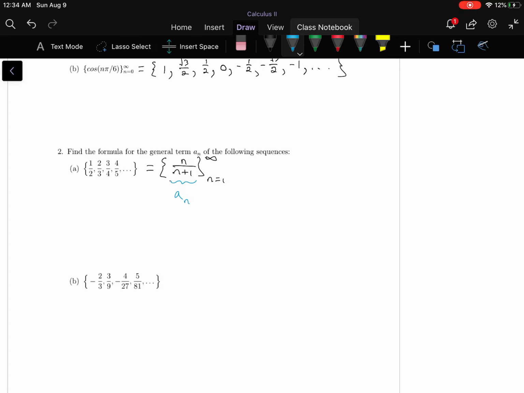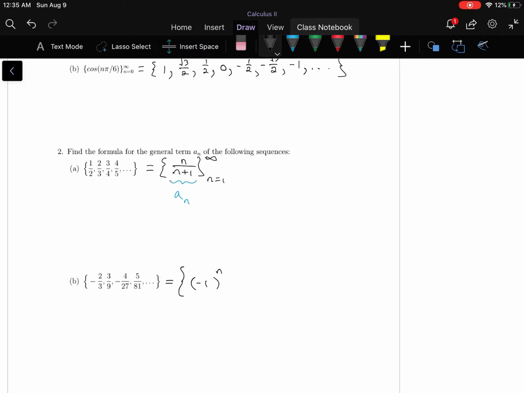The part B is a little harder, but you could still look for patterns here. And so one thing that I notice is that the terms are alternating. And so I recognize that I'm probably going to have a negative 1. And for now, I'll just write n, but it might be n minus 1 or n plus 1, something along those lines. But I'm just getting that alternating term in there. And then I see that the top is increasing by 1, starting at 2.